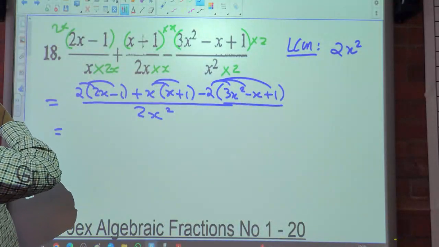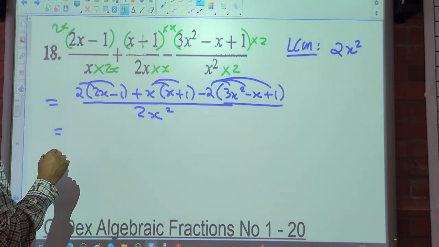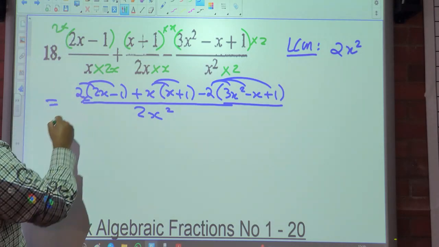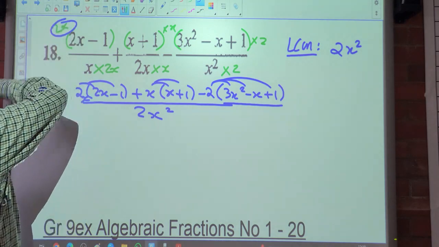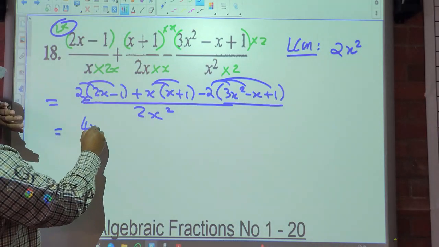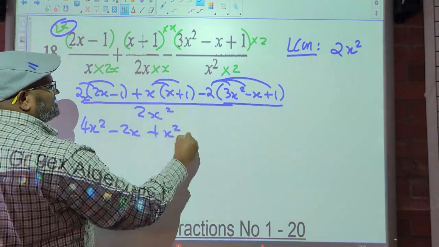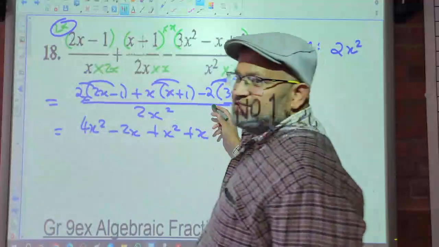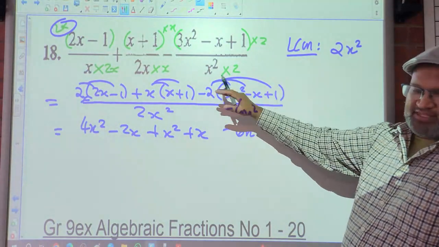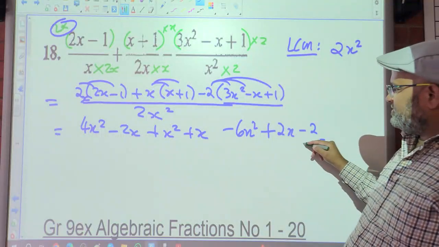So 2x times 2x is 4x squared. 2x times negative 1 is negative 2x. x times x is x squared. x times 1 is x. Negative 2 times 3x squared is negative 6x squared. Negative 2 times negative x is positive 2x. And negative 2 times 1 is negative 2, and this is all over 2x squared.